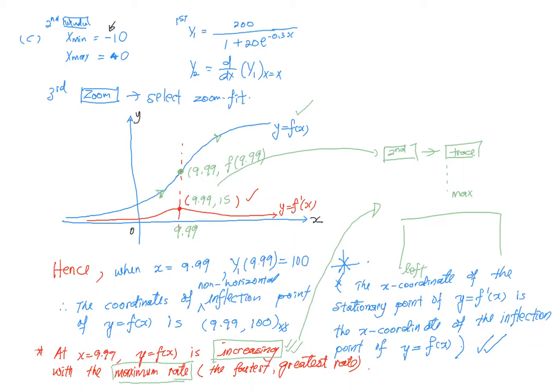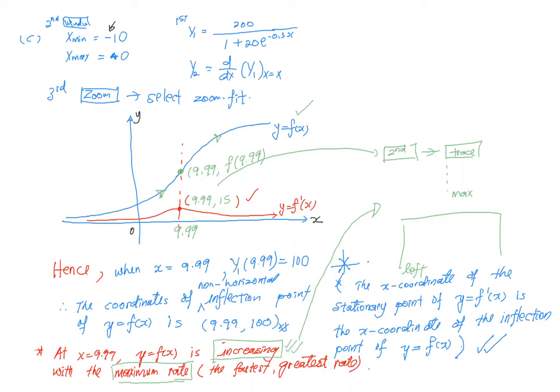When you want to say a function is increasing or decreasing, we look at the graph of that function. We see whether the graph is going up or going down. We don't look at the shape. You see or not? Because f(x) is going up.